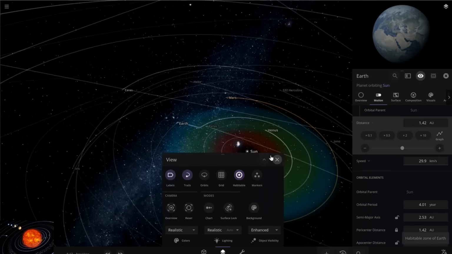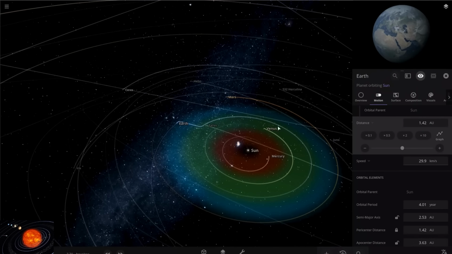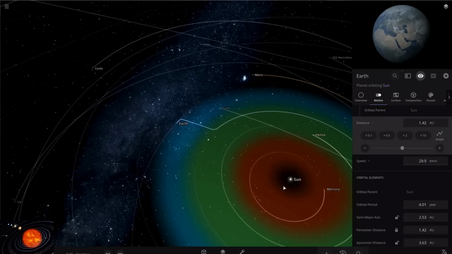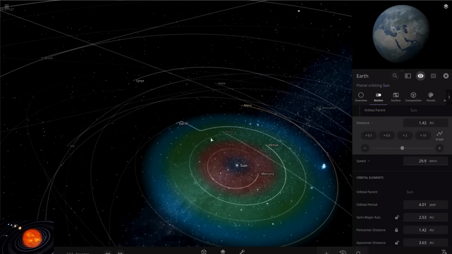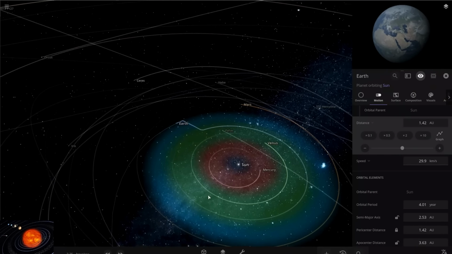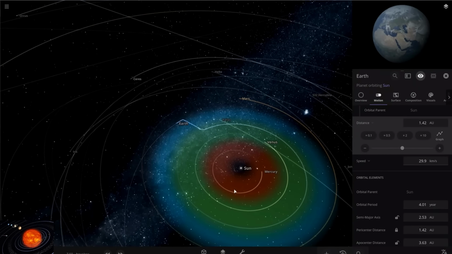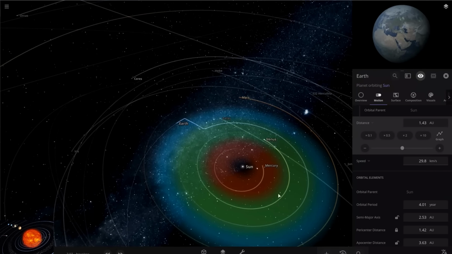If I just turn it on, you can see around our star, around the Sun, there is a green area, which any planet, if it's in this area, that planet can have some habitable zones. That planet is actually in habitable zone of the star, and there would be some sort of life likelihood, or animals or human being, anything which can live actually based on the criteria of the living.